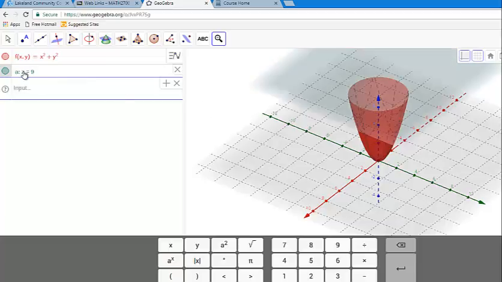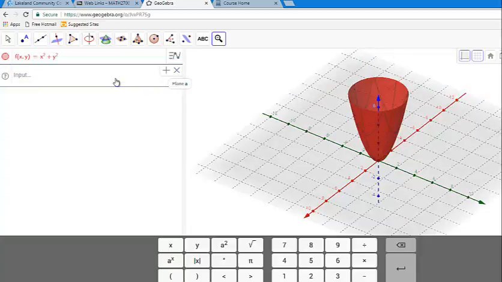Instead of z equals 9, let me go back to f of x, y equals 9.